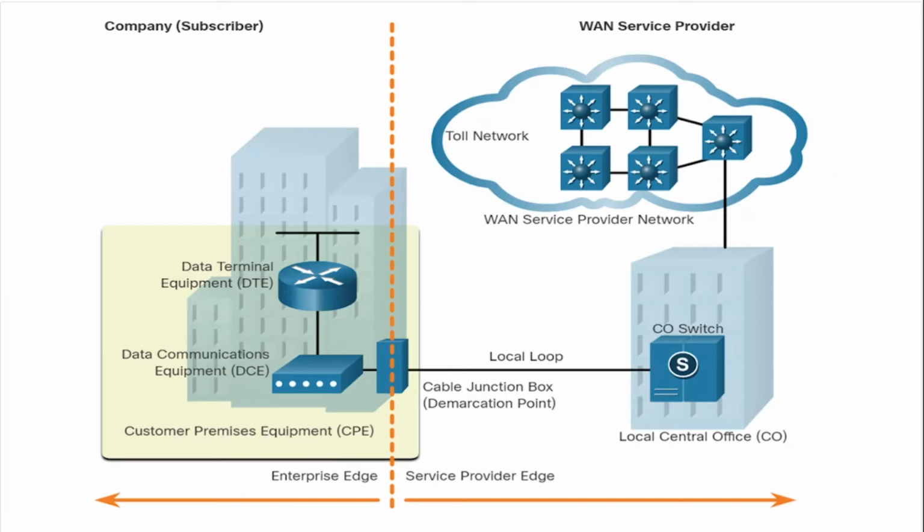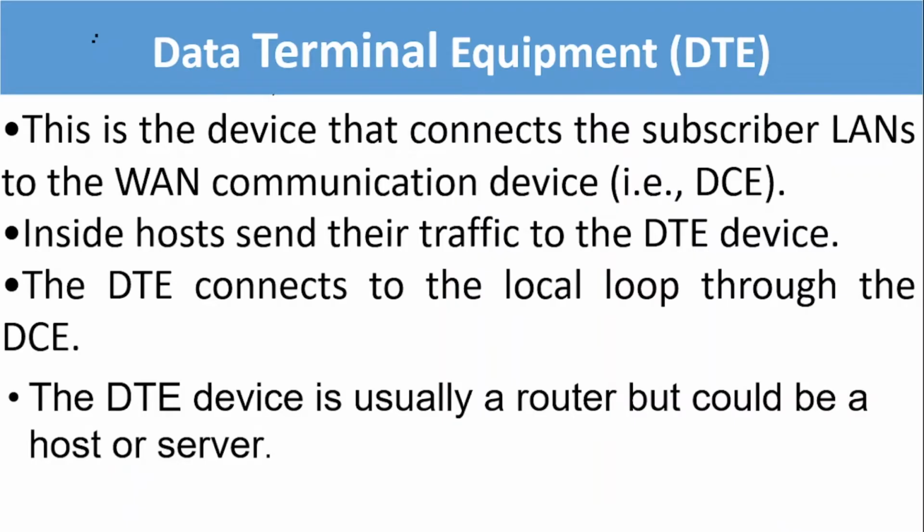The first important term is the data terminal equipment, or the DTE, and we have the data communication equipment, or the DCE. Normally, the DTE is the device that connects the subscriber LANs to the WAN communication device, and that is the DCE.